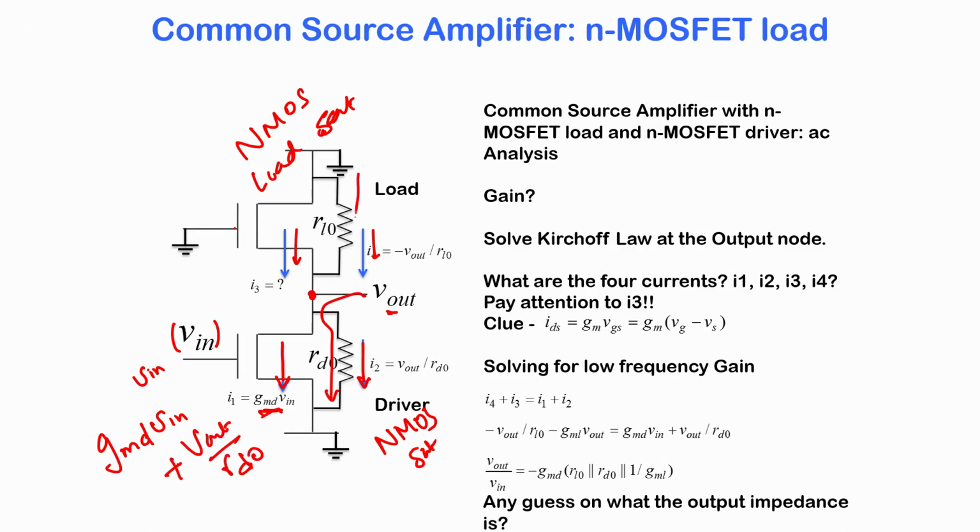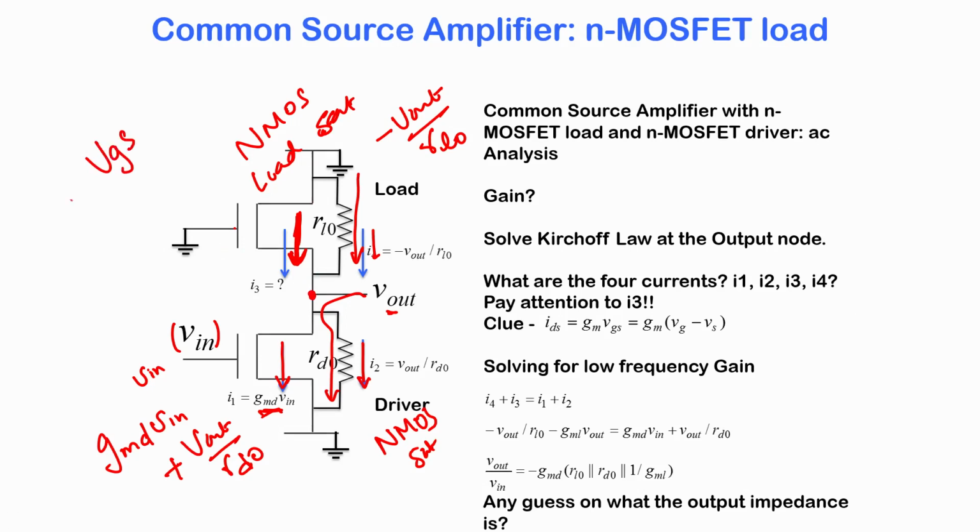What is the current through this channel length modulation parameter? That current is minus V out by RLO. Is there a current here firstly? This current here is not going to be present because of a VDS difference, because it is in saturation, but let us look at the VGS.